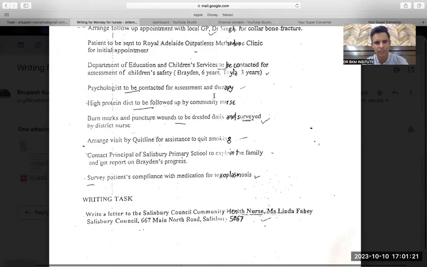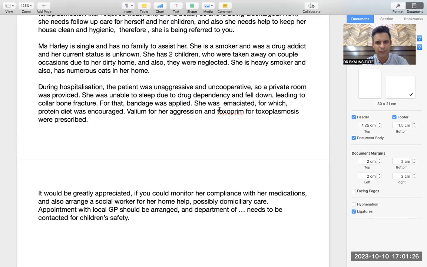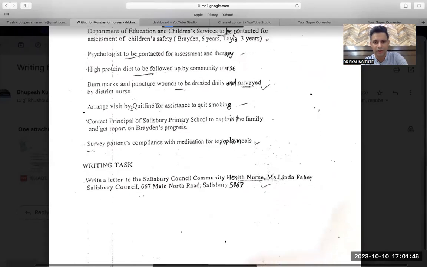Then psychologist to be contacted for assessment. High protein diet should be followed by the community nurse. So if I write here for which high protein diet should be continued, the word continued means that over here it was encouraged or it was started. So high protein diet should be continued.